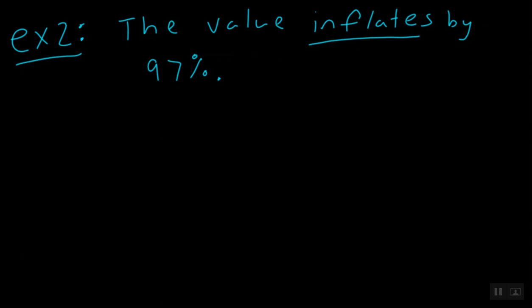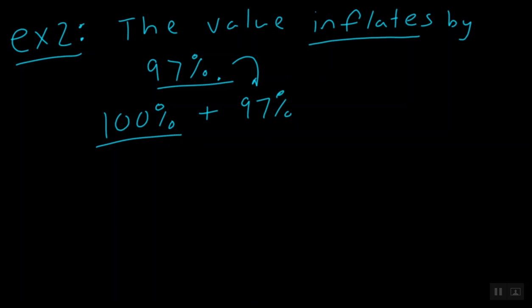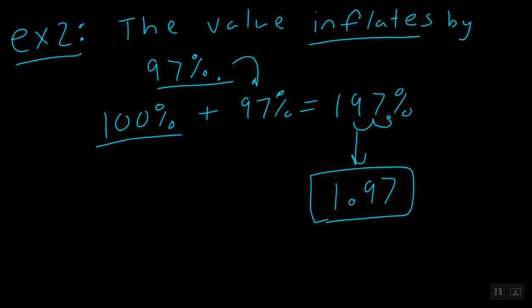So remember, our starting point is always 100%, and then we add our growth rate, so plus 97%, and so we'd say this new thing has inflated to a value of 197%. And remember, we change that to a decimal. Take our decimal, go 2 units to the left, and we're looking for 1.97.